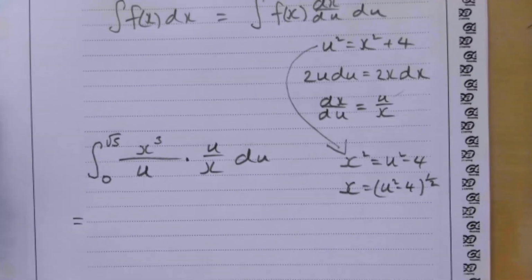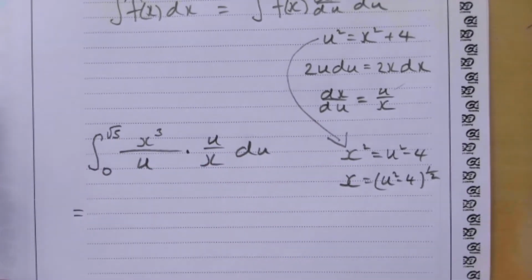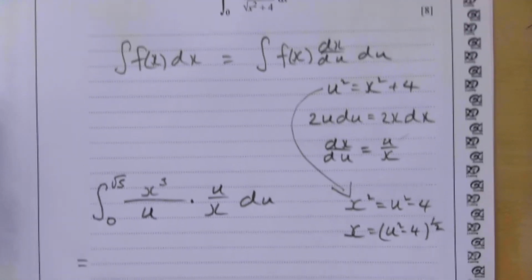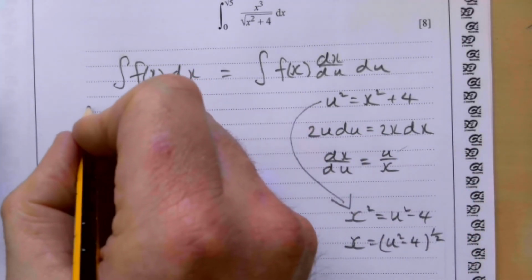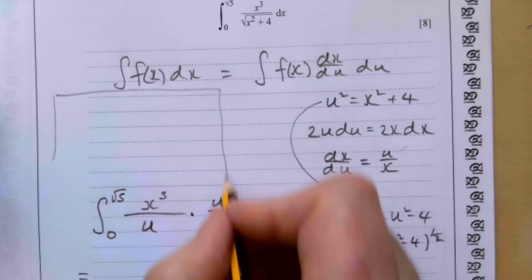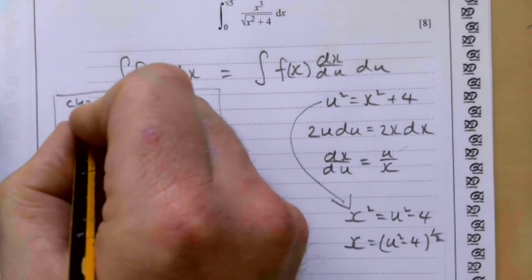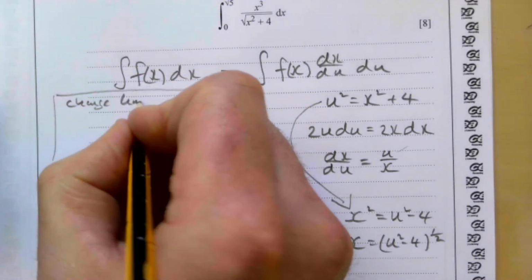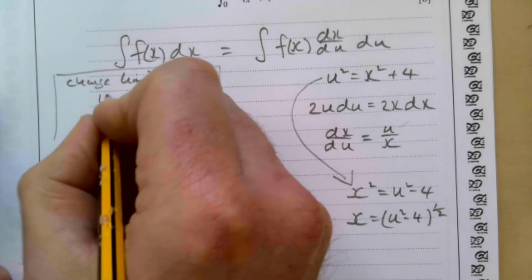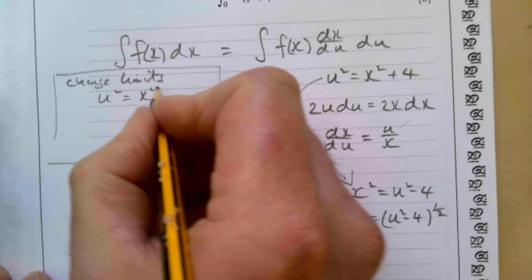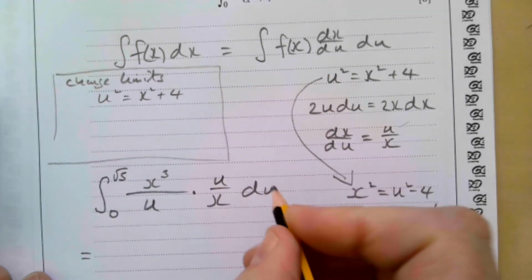The other thing we're going to want to do then is change our limits. Change limits. u squared equals x squared plus 4.